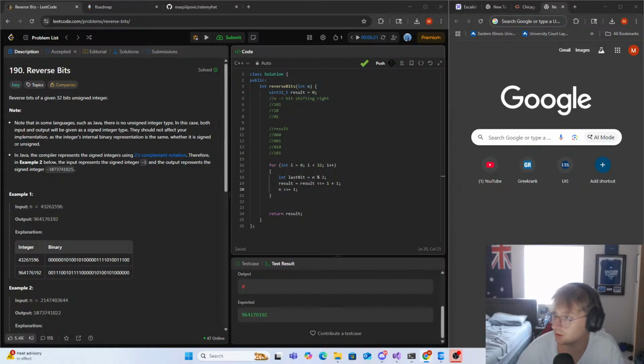Set specific bits, clear, toggle a bit, set a bit. Oh, dude, there's so much to do in bit manipulation. There's so much to think about, man.